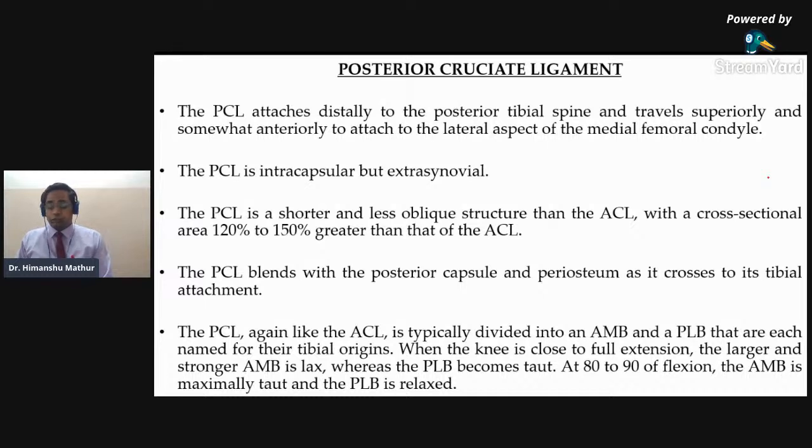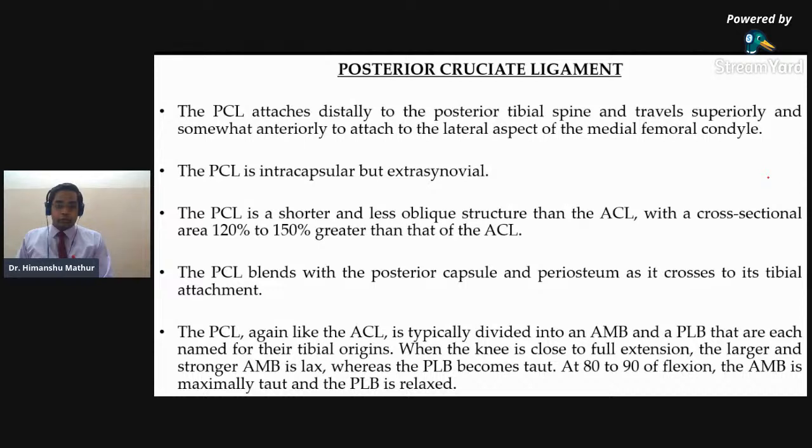Such things happen in football, normal football also, or hockey. In that case, the PCL is not the only structure that gets injured in isolation. It is the whole posterolateral complex that goes into injury.